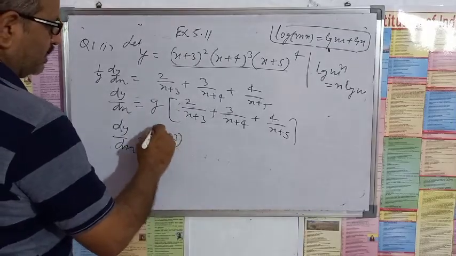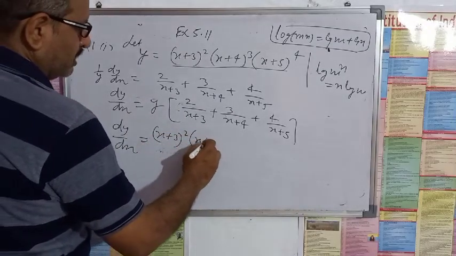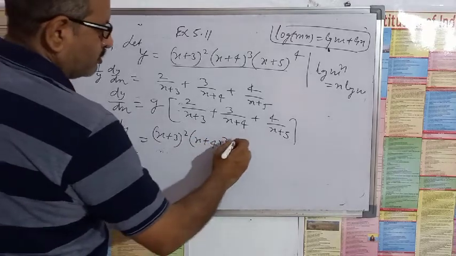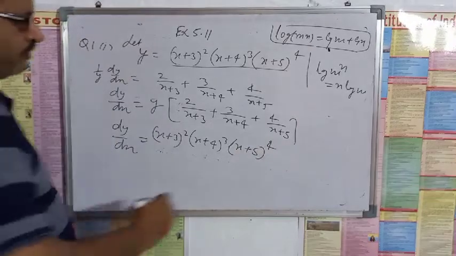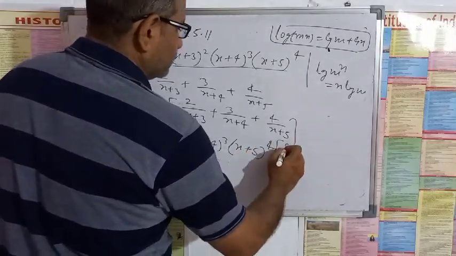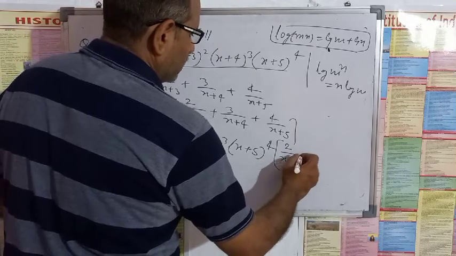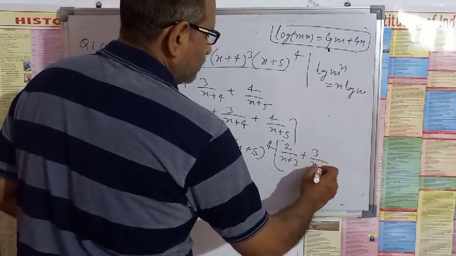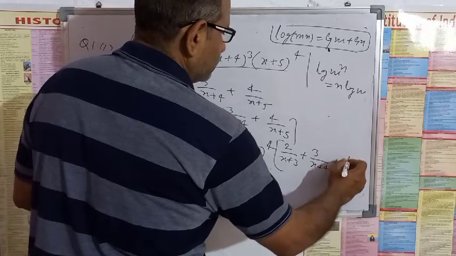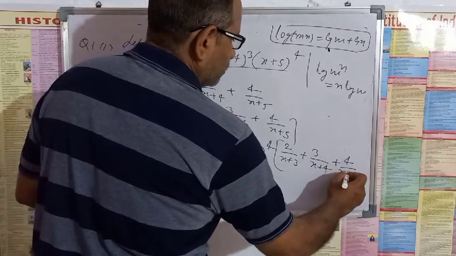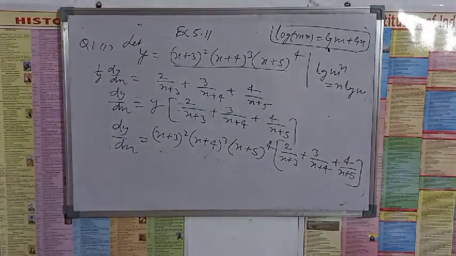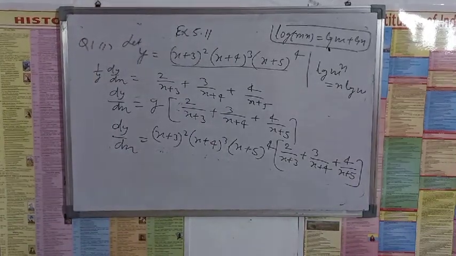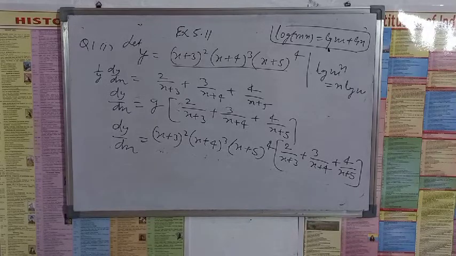So x plus 3 whole square, x plus 4 whole cube, x plus 5 whole to the power 4, and in bracket 2 upon x plus 3, 3 upon x plus 4 plus 4 upon x plus 5. This is the answer. This is the derivative. It was question number 5.11.